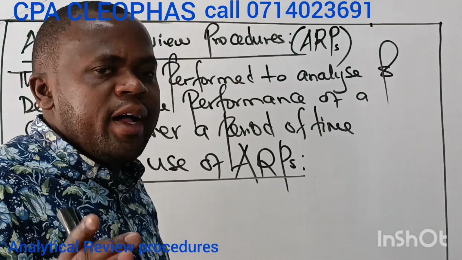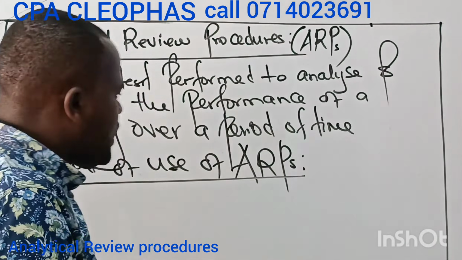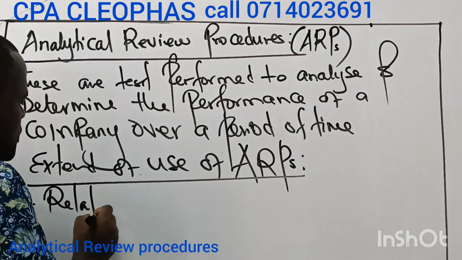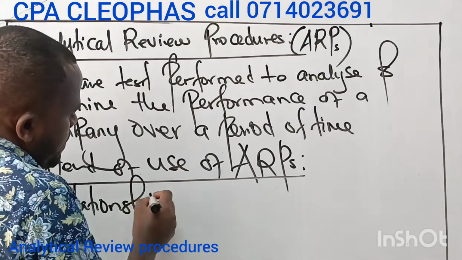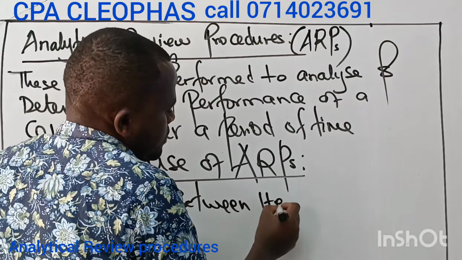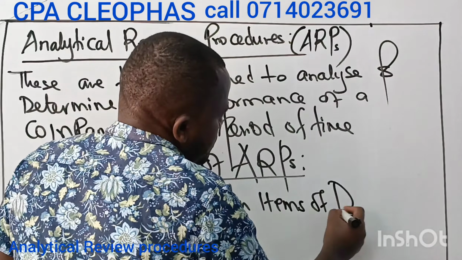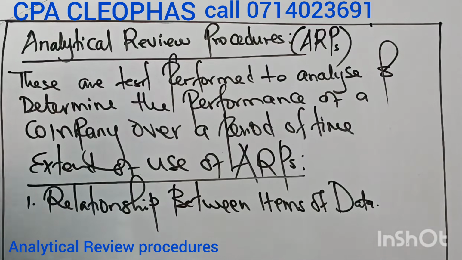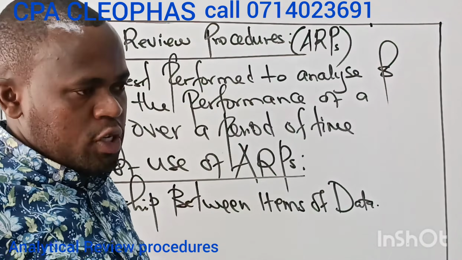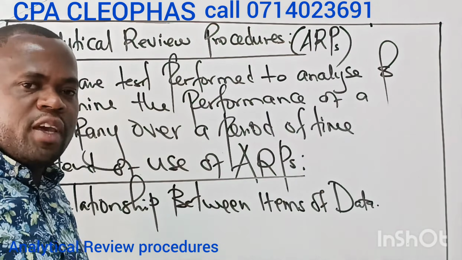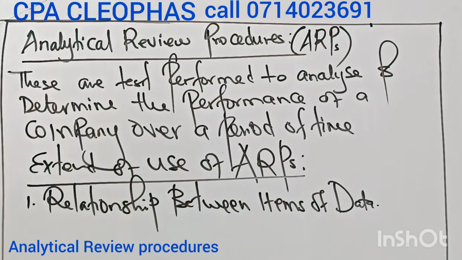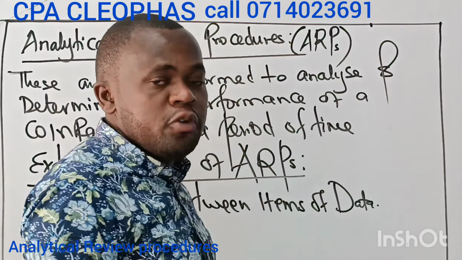Number one is the relationship between the items of data. For you to compare the company's performance, the data must be related. If you want to know the company's performance in the industry, you'll compare the company's profits with other companies' profits in the same industry. That's the relationship between the items of data.